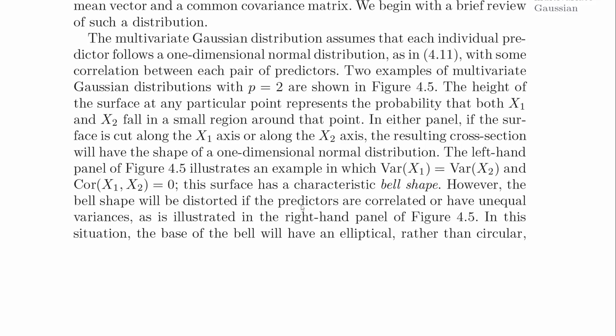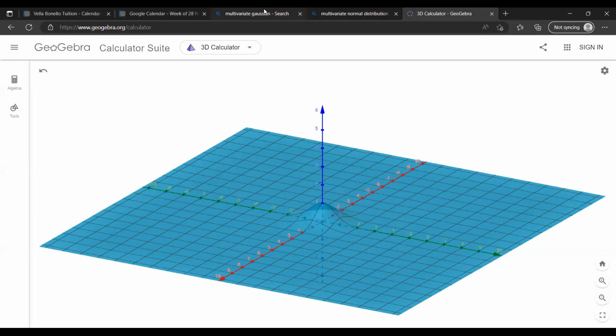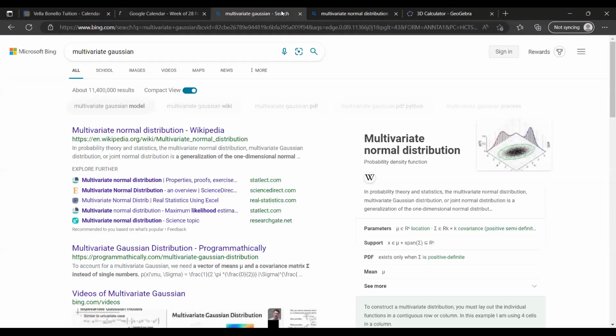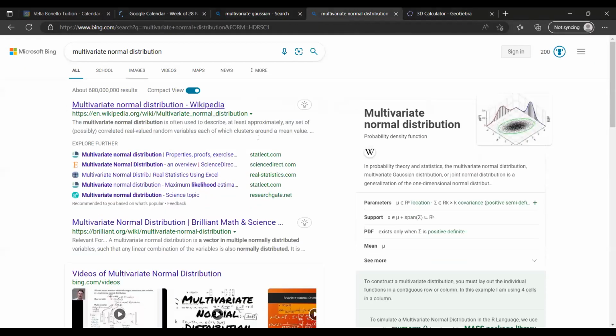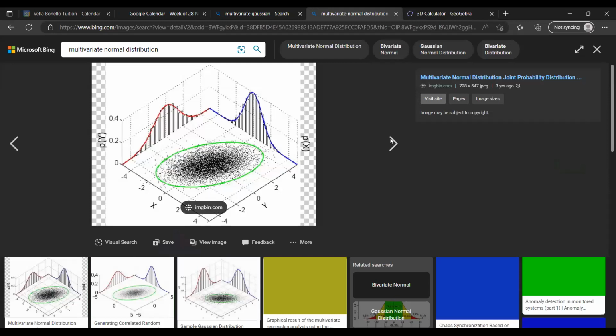So think of correlation as what we saw over here. Like over here, you have this correlation.